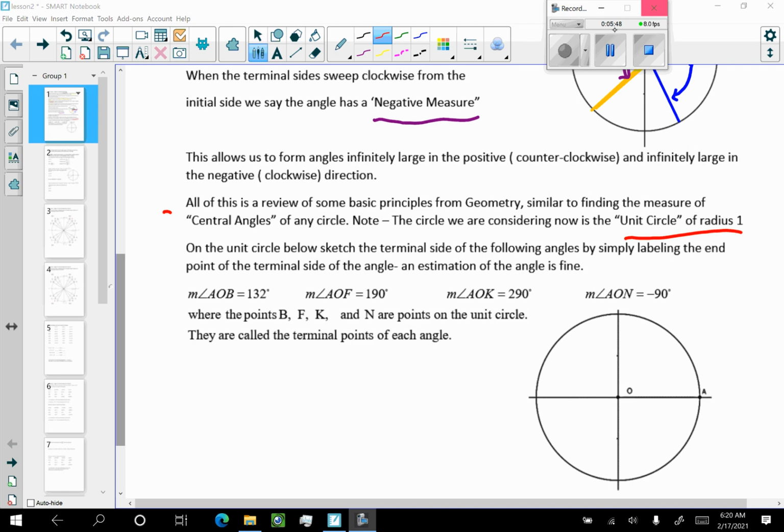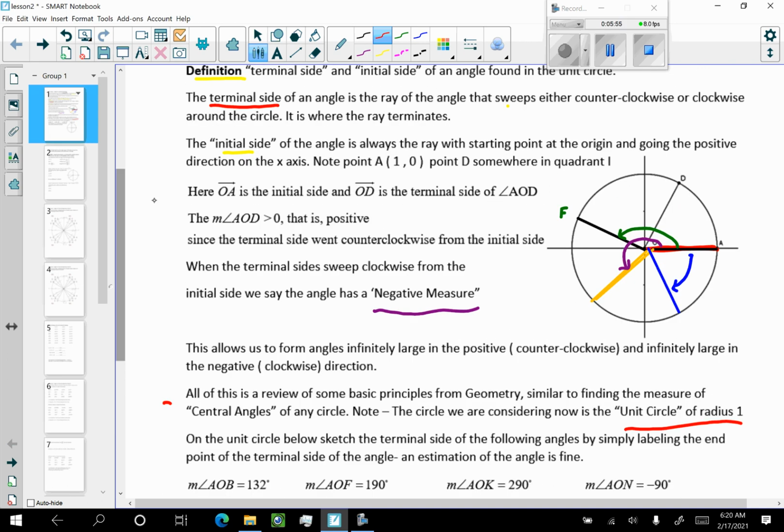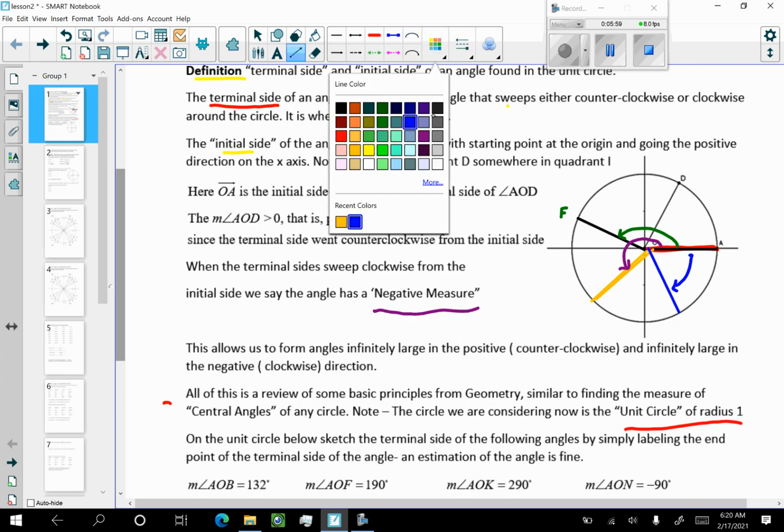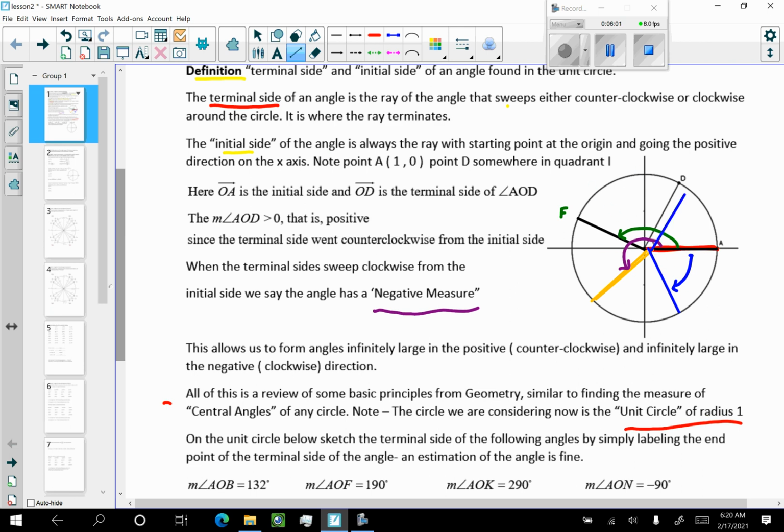The difference is we can take these angles now and go greater than 360 or greater than 720. When we're talking about circles in geometry, our central angles were limited from 0 to 360.